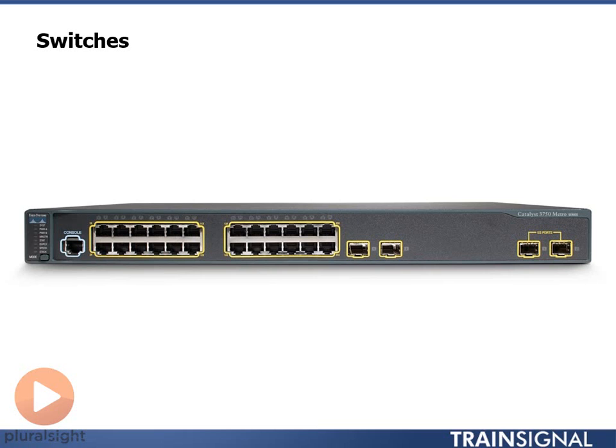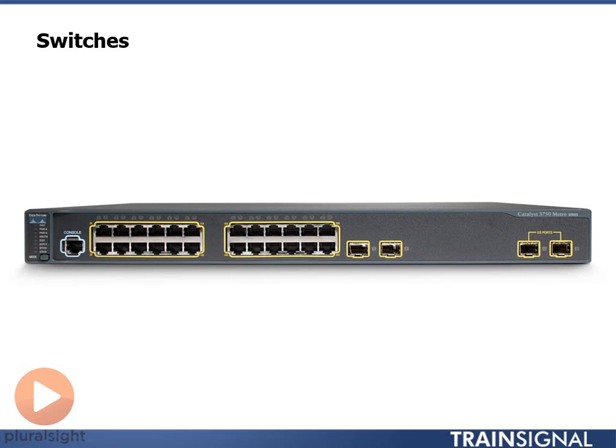Its interfaces can be either 10 megabit or 100 megabit in either half duplex or full duplex configuration. And then I have two additional ports on this particular switch that operate at gigabit Ethernet as well. So 10 megabit, 100 megabit, 1000 megabit, oftentimes called 10, 100, 1000.